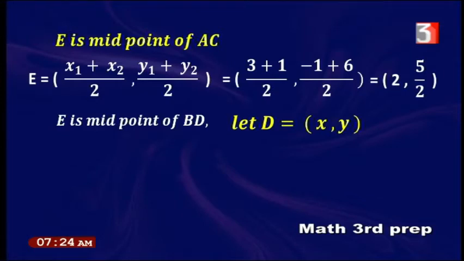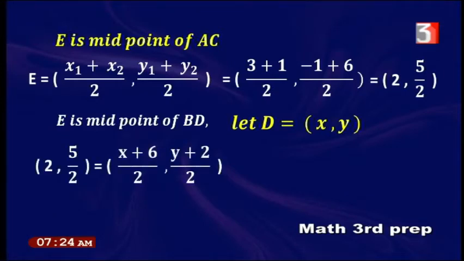So we can say that 2 and 5 over 2 equals x plus 6 over 2 and y plus 2 over 2. By equalizing the coordinates of the x, we can say that 2 equals x plus 6 over 2. And by making cross multiplication, you are going to notice that x equals negative 2.